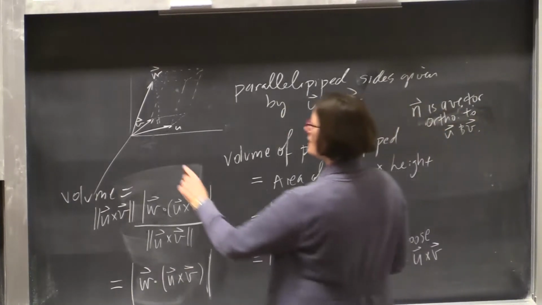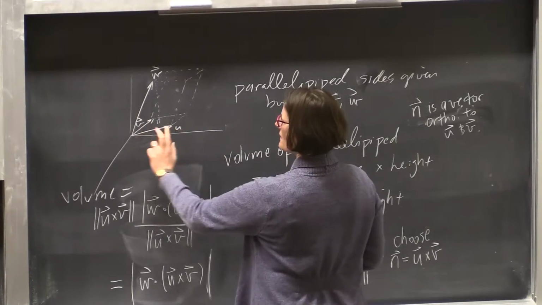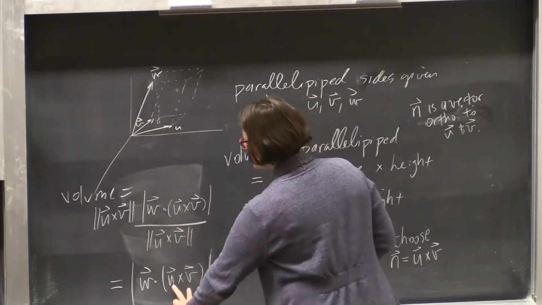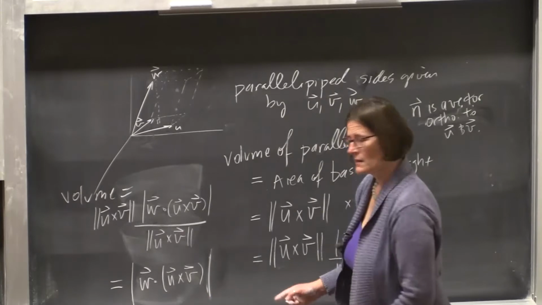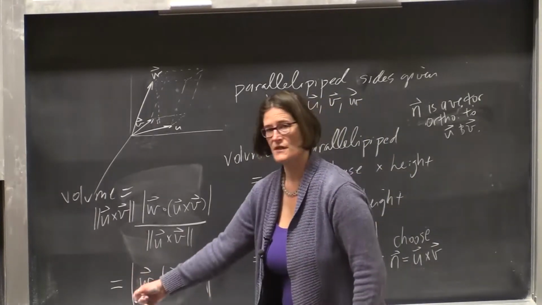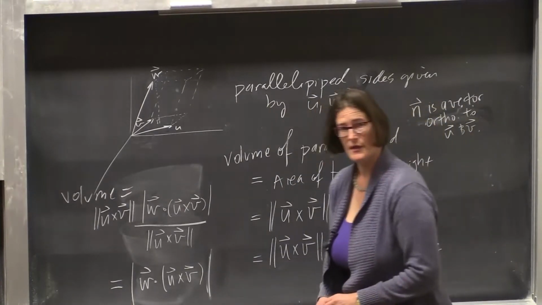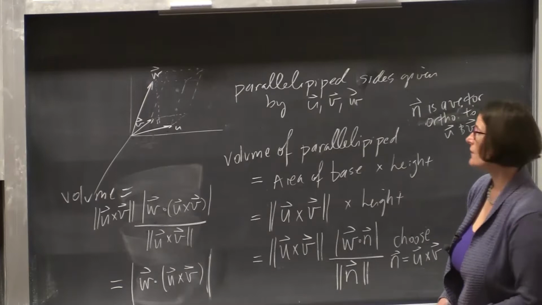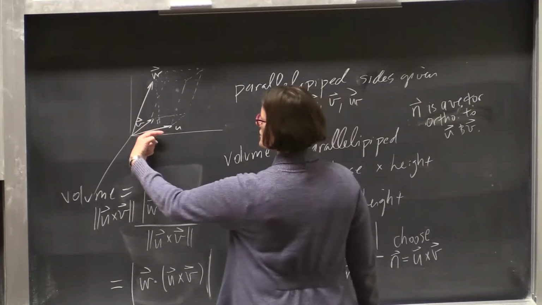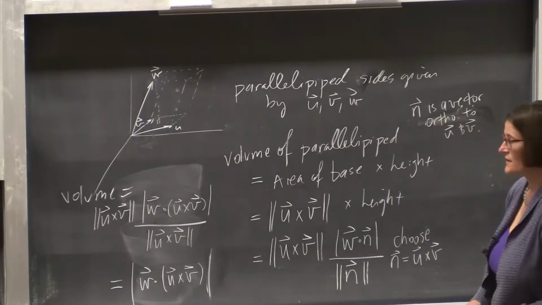Because if I put u and v in the wrong order, this would introduce a negative sign, but the absolute value is going to knock out the negative sign. So this is just some formula you can blindly use without knowing which of the legs at the base is u or which of the legs is v.